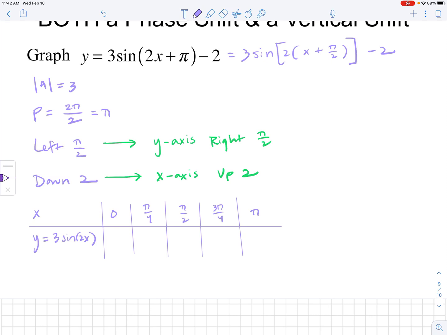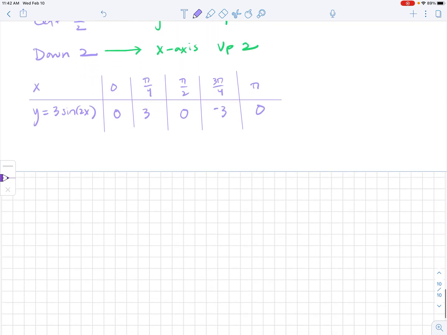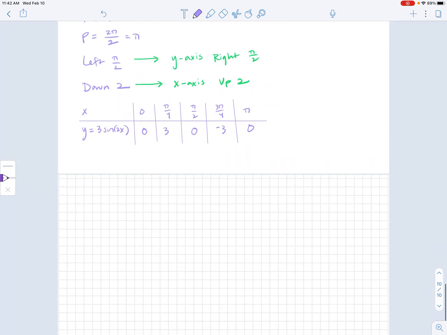Okay, so the table represents 1 full period of the non-shifted graph. Okay, this is sine. Sine starts at 0, goes up, back to 0, down, back to 0. So I'm going to draw both the x and the y axis in gray because they're both shifting.